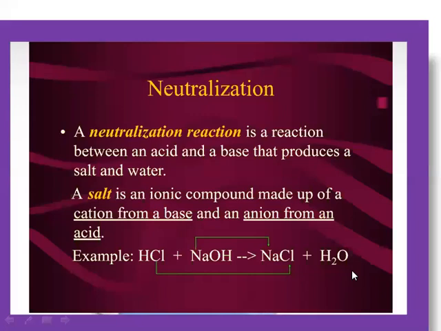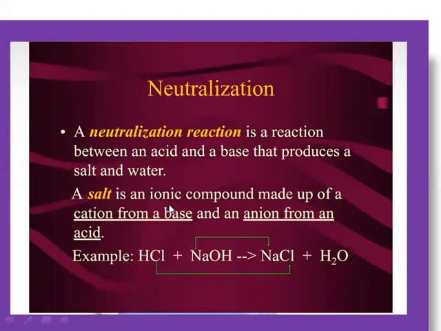There are two different types of double displacement reactions on the basis of the nature of reactants and the products obtained. The first one is neutralization reactions. A neutralization reaction is a reaction where an acid and a base produce a salt and water.